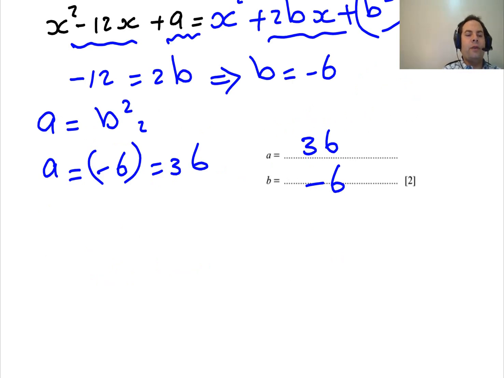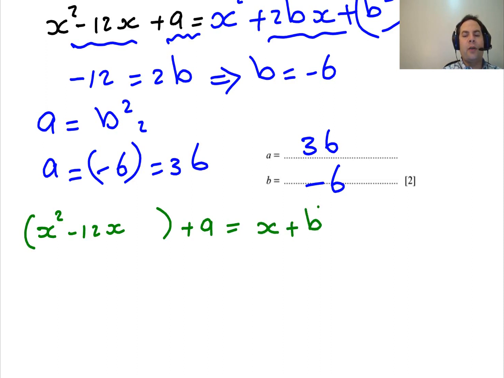By another way, you can start with the left hand side, x squared minus 12x. I will try to write this expression in completing square form, plus a is equal to x plus b all squared.